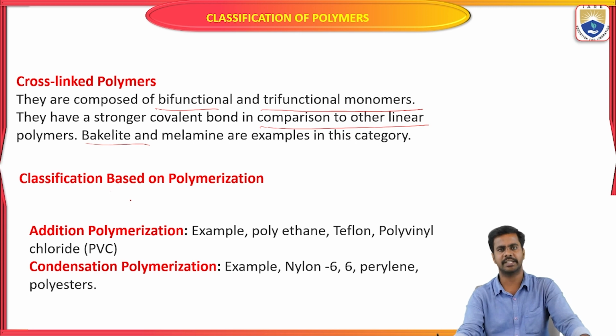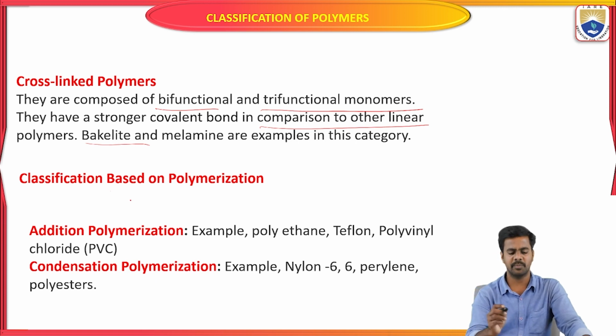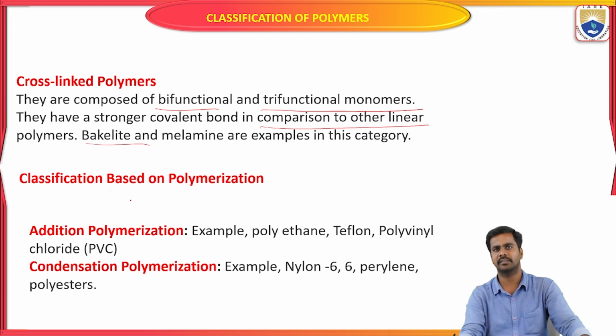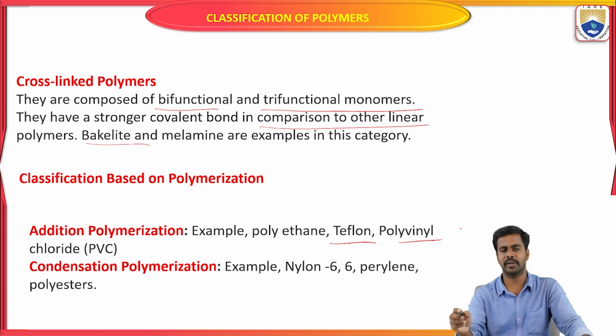Addition polymers are formed by the combination of monomers which are the same or different without elimination of simple molecules. That is known as addition polymers, and this phenomenon is known as addition polymerization. Examples of addition polymers are polythene, Teflon, polyvinyl chloride, etc.